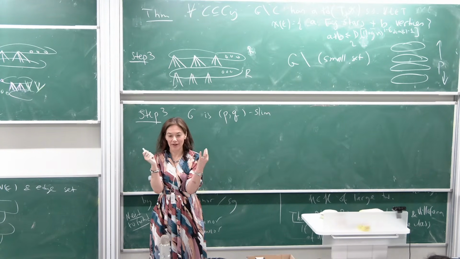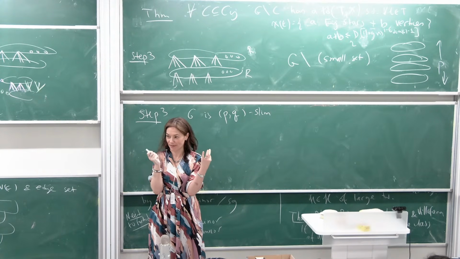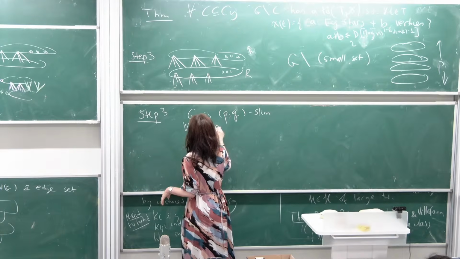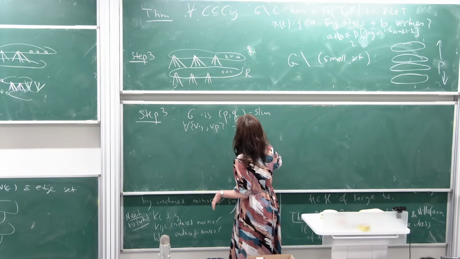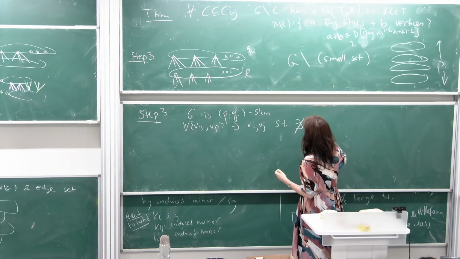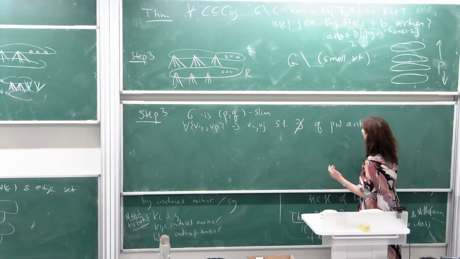So there's one pair so that between them you can't find Q pairwise anticomplete paths. For every P vertices, there exist P_i and P_j such that there do not exist Q pairwise anticomplete internal paths.